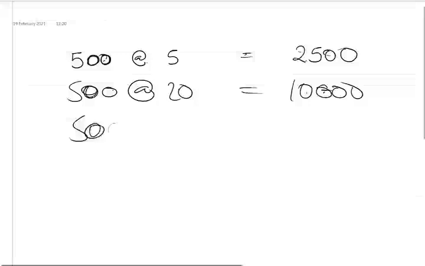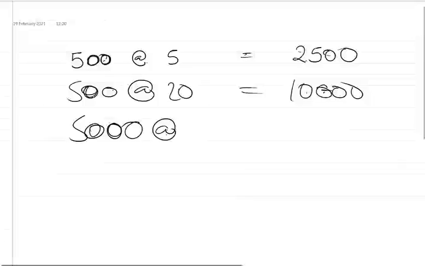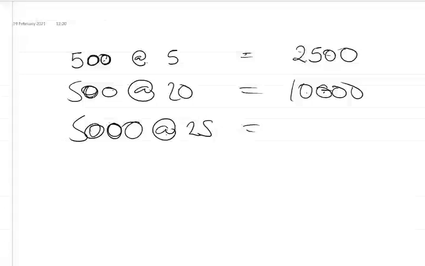This is the order of the inventory being stated here. So when we say 5,000 times 25, we should find 125,000. So this is the order.